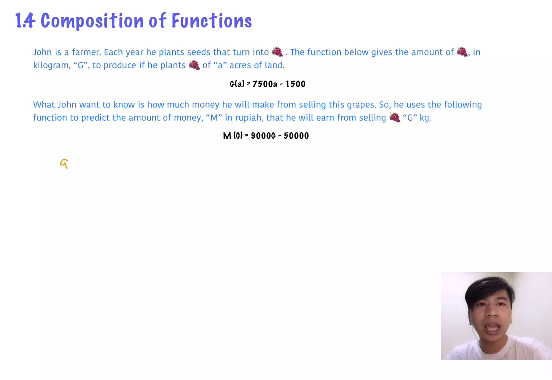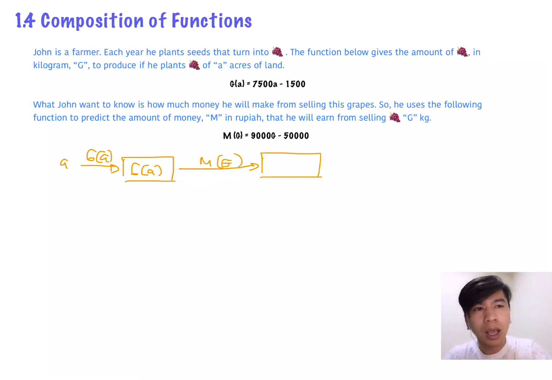This is the A, and John wants to put it into G of A, and then he will get the output G of A. After he gets the output G of A, he will put it in the process of M of G in order to get M of G of A.